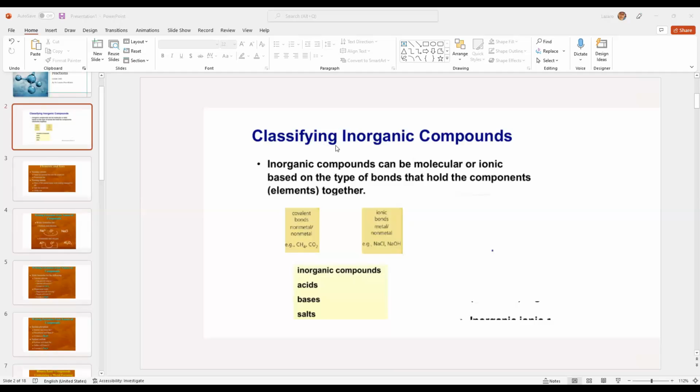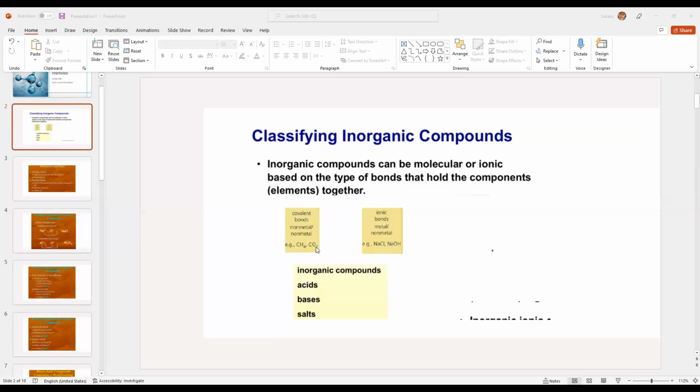In order to classify the inorganic compounds, we are going to divide them into covalent and ionic. The covalent compounds contain covalent bonds between them, and generally we have a non-metal with a non-metal.